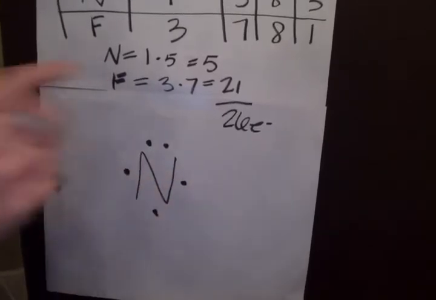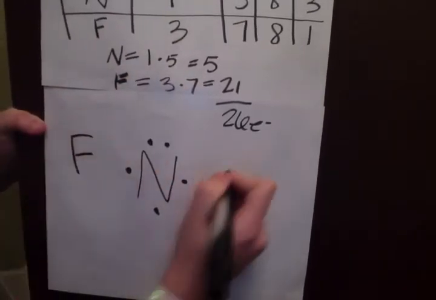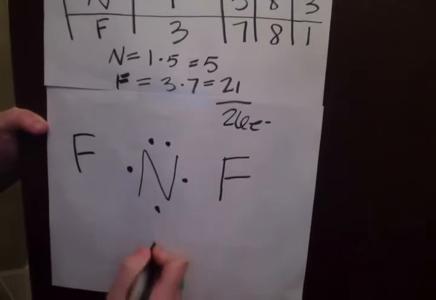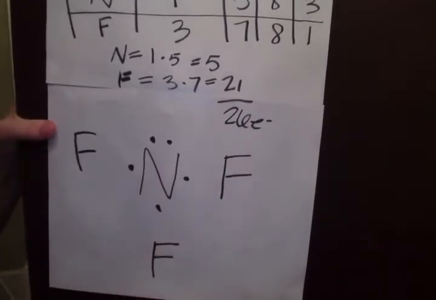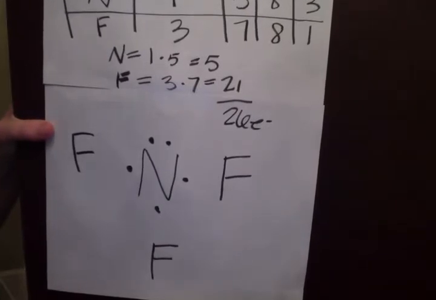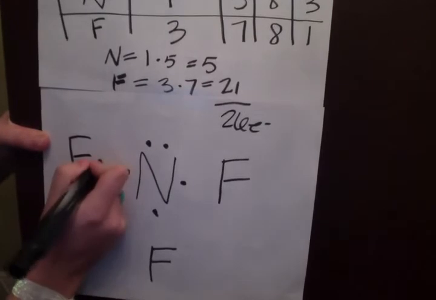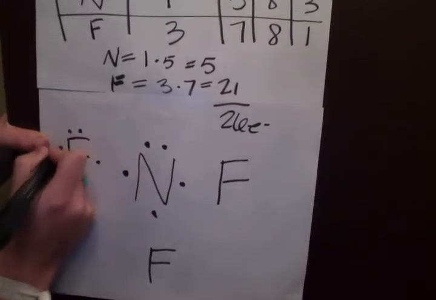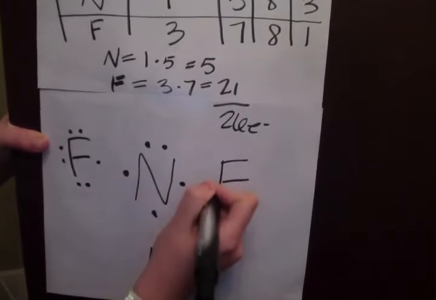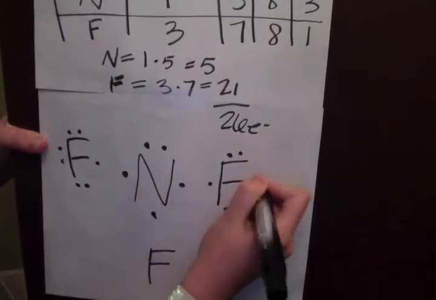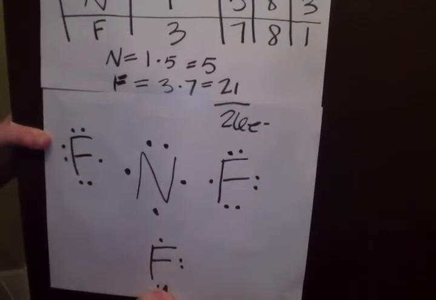Then there's 3 atoms of fluorine, so we have to put fluorine 3 times, and they each have 7 electrons, so we'll fill in fluorine. We'll fill this one in to where each one has 7.